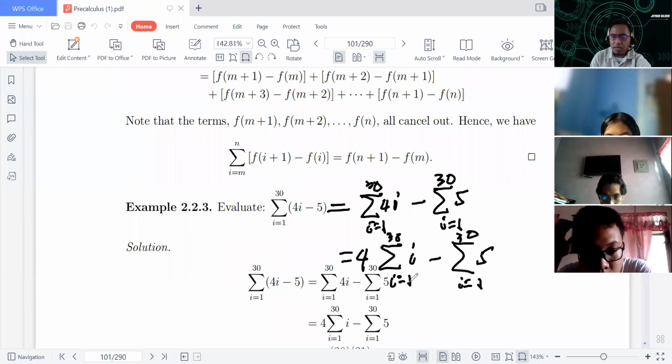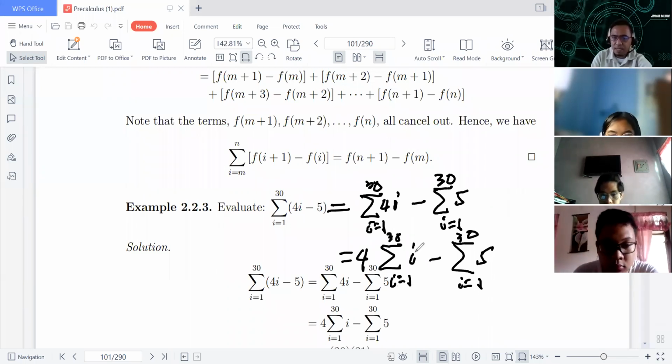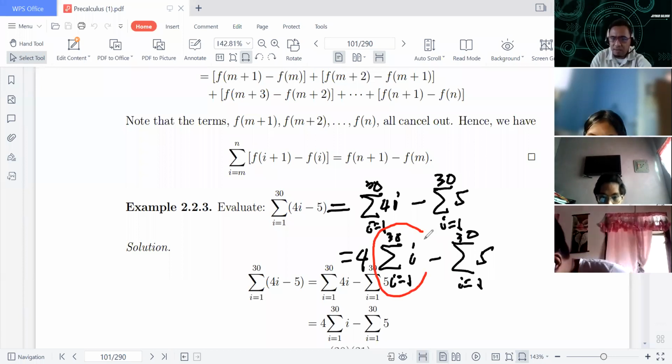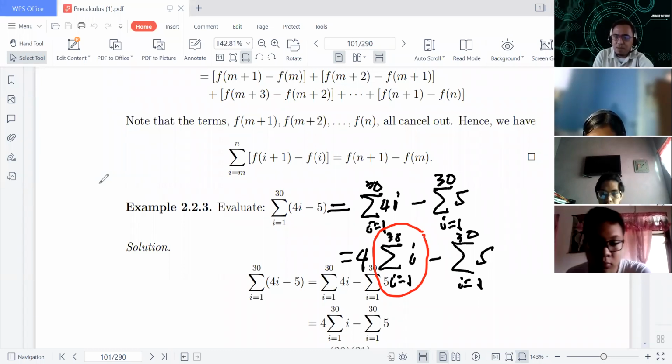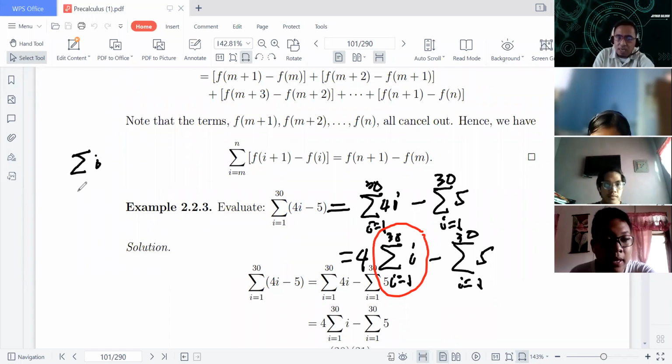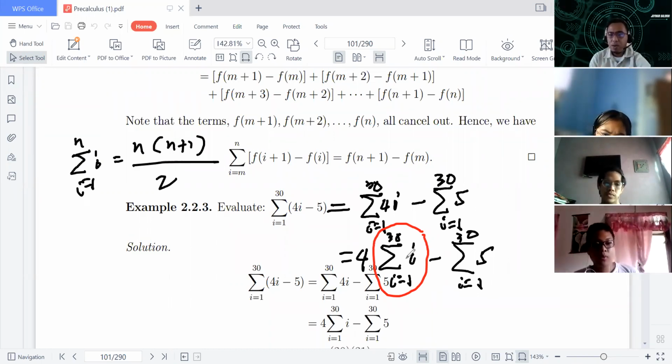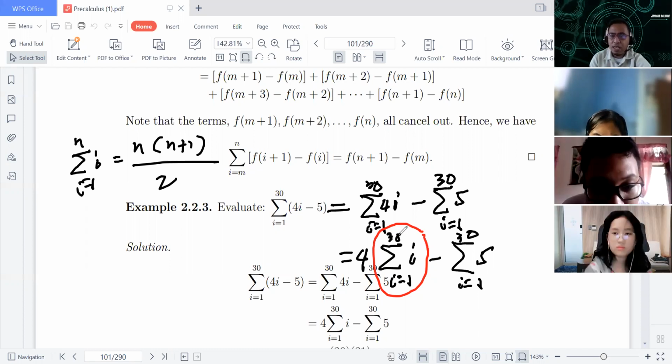If you look at this portion, class, which formula will we use? The formula is the summation of i, i from 1 to n, that is just n times n plus 1 over 2. What is your n here? 30.